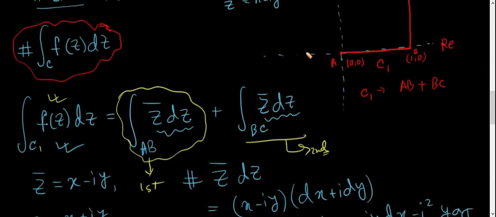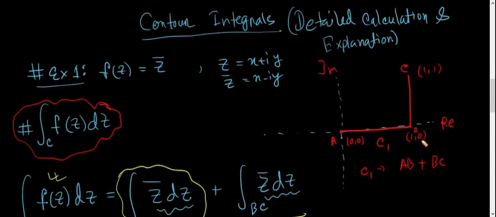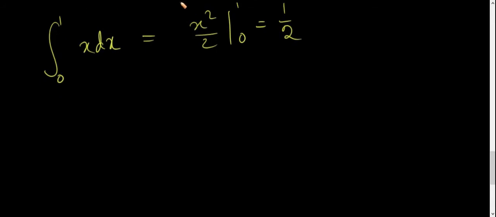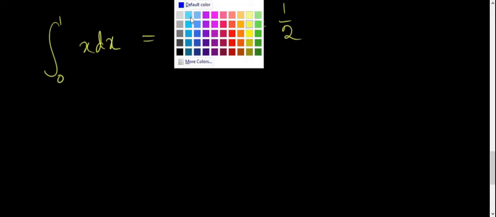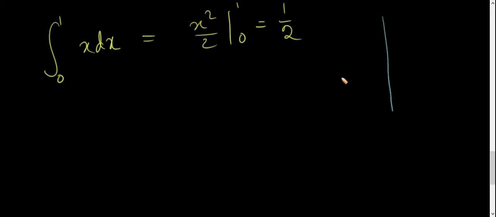What about BC? Let me just write it down over here, and obviously I'm gonna draw this whole thing again so that it's easier for you to visualize what's going on. Again, this is A, B, C, and this was (0,0), (1,0), (1,1).